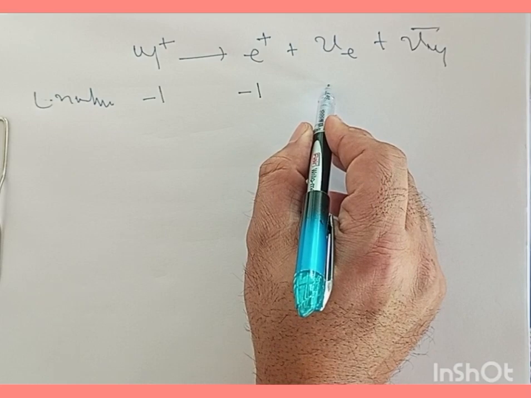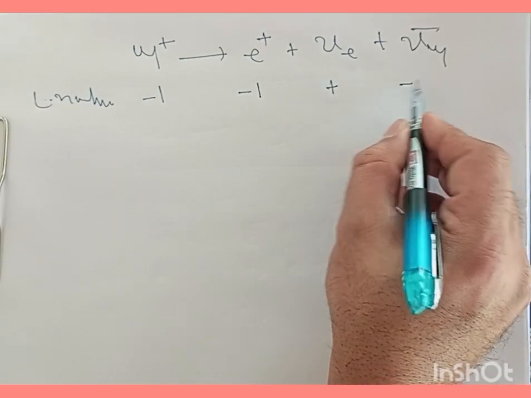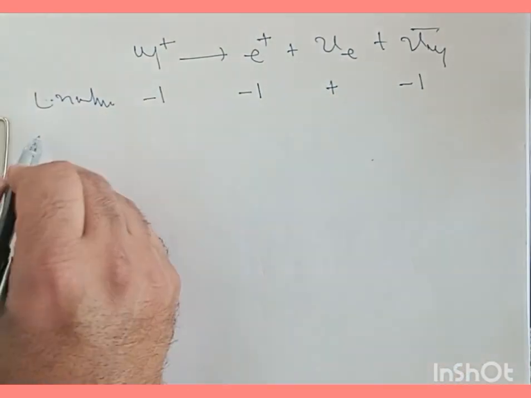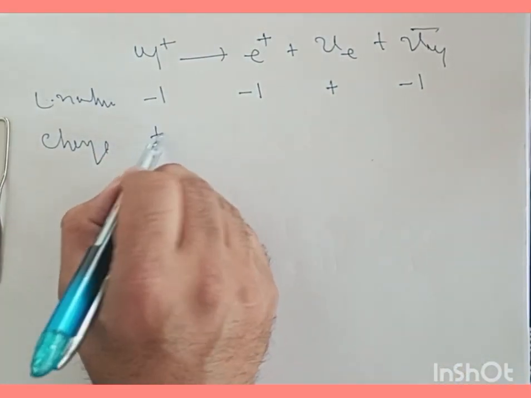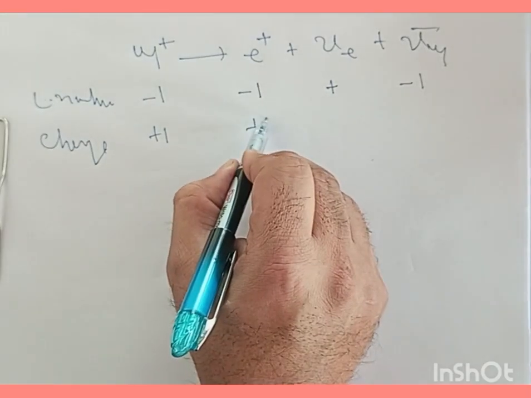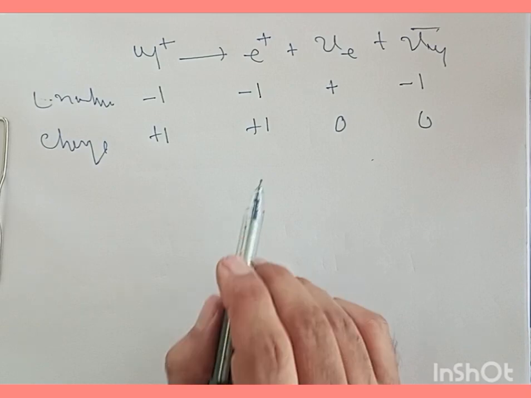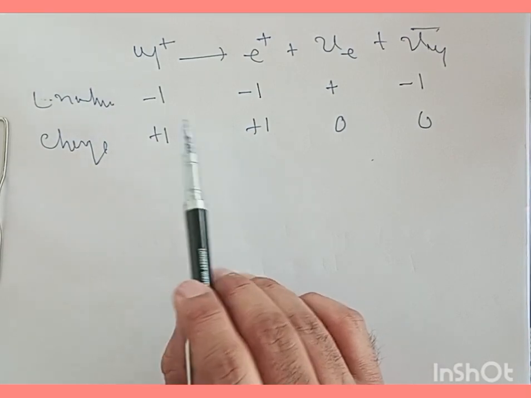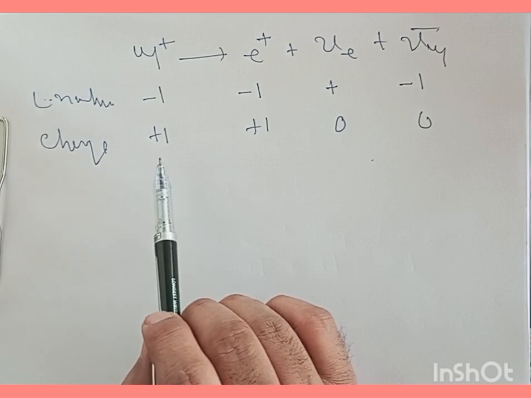For this nu e, the lepton number is +1. For this nu mu bar, the lepton number is -1. And talking about charge, here we have charge +1, here we have charge +1, and we don't have any charge on the others. So in this decay also we can see that both lepton number and charge are conserved.